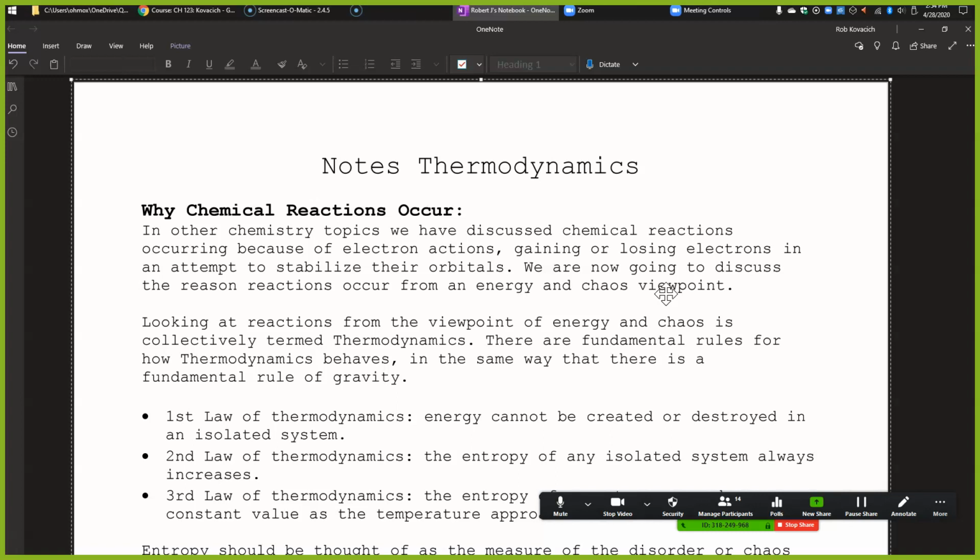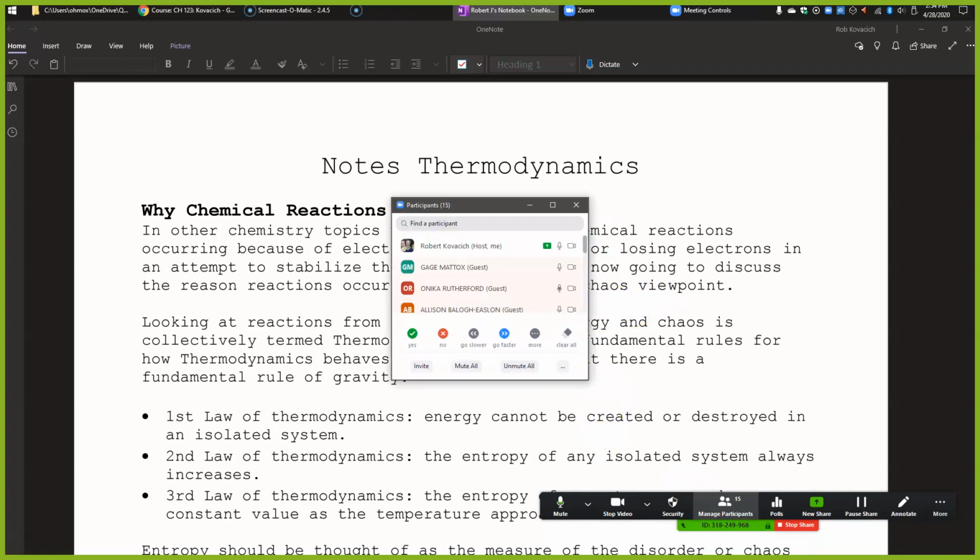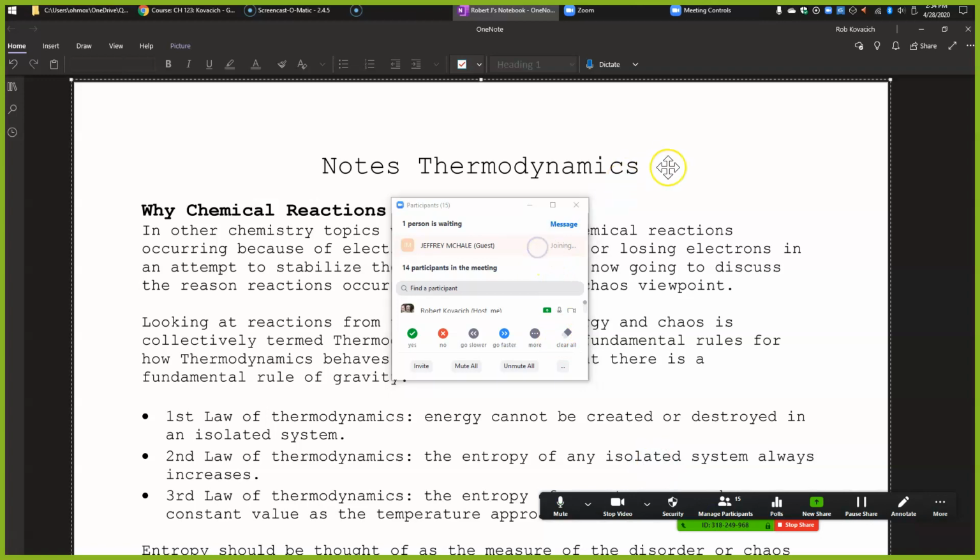Energy and chaos. So if something's happening, it's energy based or chaos based. And if nature got its way, nature would want there to be nothing but ultimate chaos, and nothing would have any more energy than anything else.